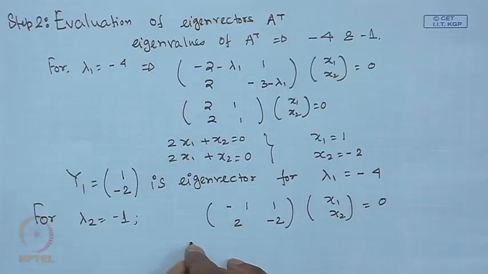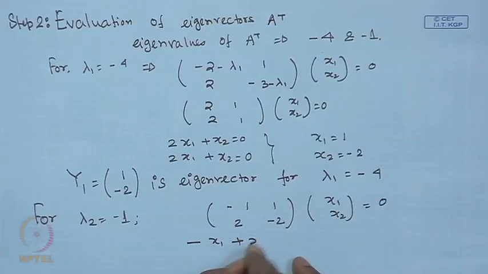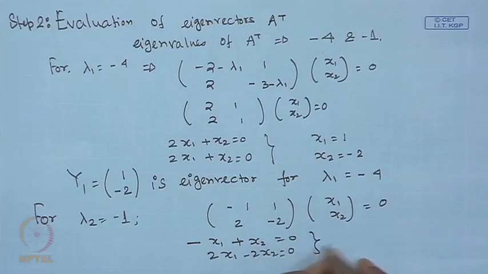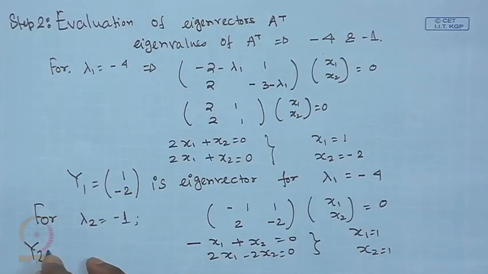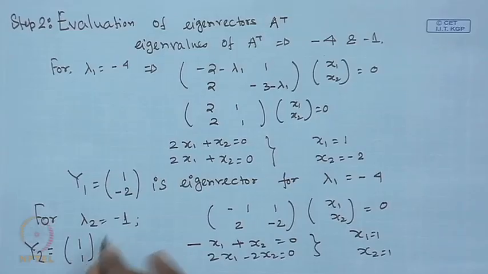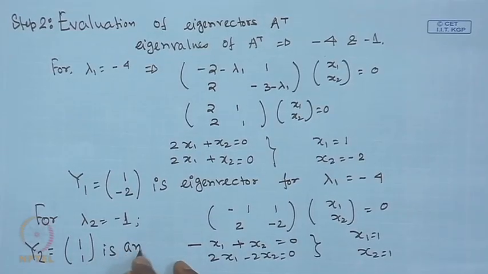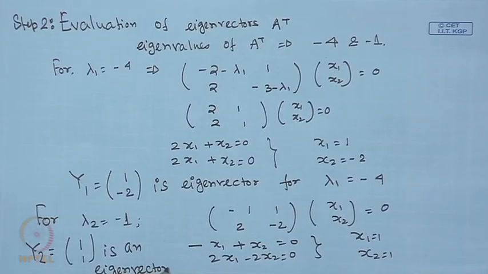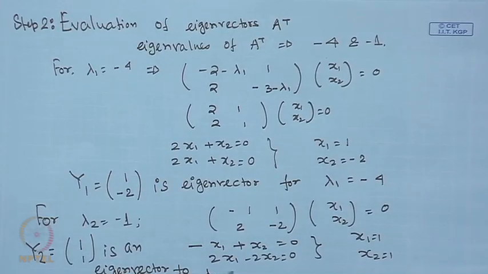So, this will be minus x 1 plus x 2 is equal to 0, and 2 x 1 minus 2 x 2 is equal to 0. They are identical. If you select x 1 is equal to 1, then x 2 turns out to be 1. Therefore, y 2 is equal to 1, 1, an eigenvector to eigenvalue lambda 2 is equal to -1.